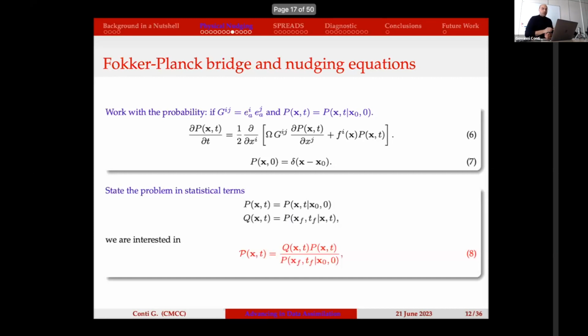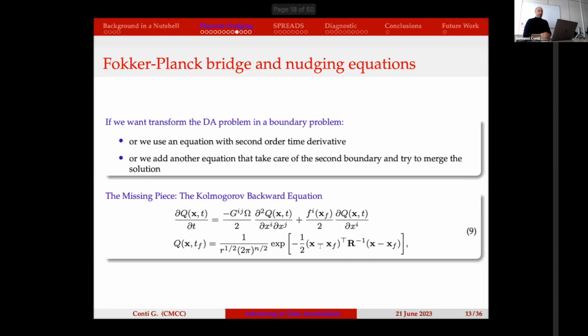So we do not need just this P, but we need another piece of information, this Q, that tells us that from a certain time, a certain position, we can go toward the observation. This is the probability to go toward the observation. So we are not interested in this P here, but in this equation 8, actually, in the product of these two probabilities.